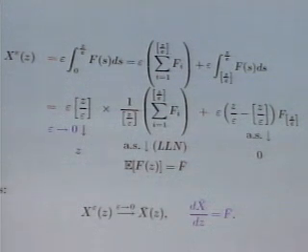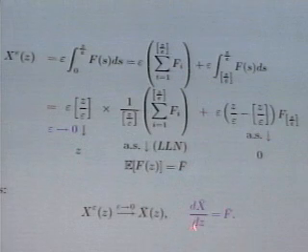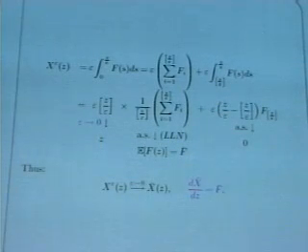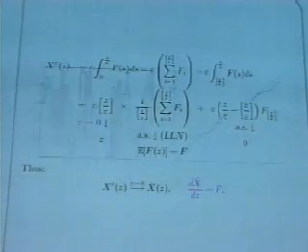Everyone who has done the first lecture in probability theory should know that this term should converge almost surely to some limit, which is simply the expectation of your process. And so what you get is that your x epsilon converges to x bar of z, which is just f bar times z, that is to say the solution of this ordinary differential equation. And indeed, that works.